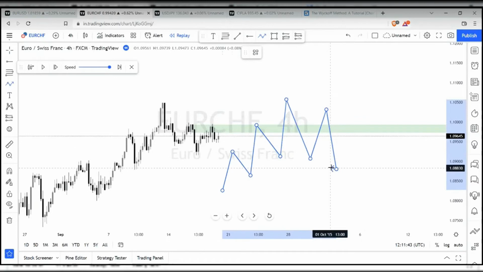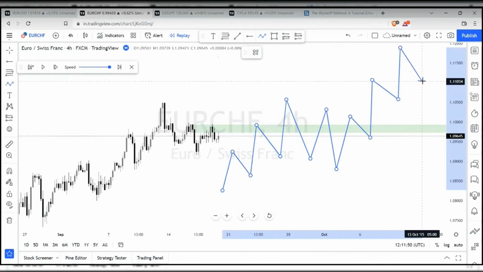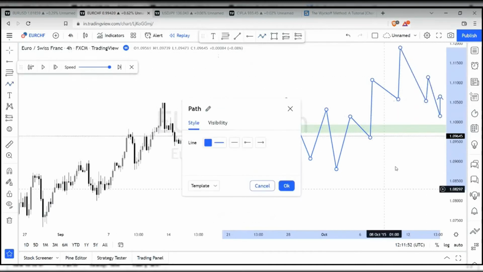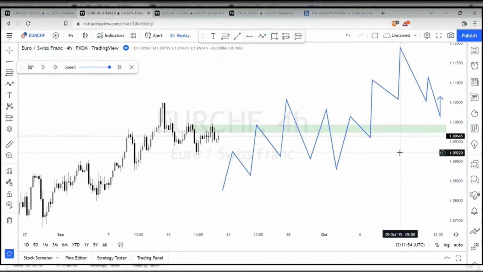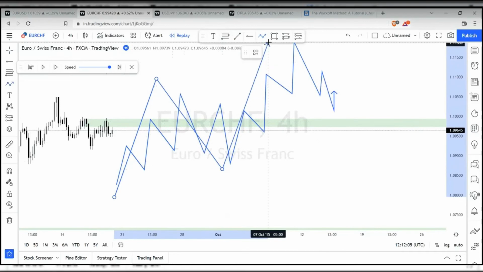Again, this pattern continues. 1, 2, 3, 4, 5. Break of structure, break of structure. So this is Elliott wave theory. And this movement can be a smaller time frame movement of a higher time frame that just did a Dow theory move.